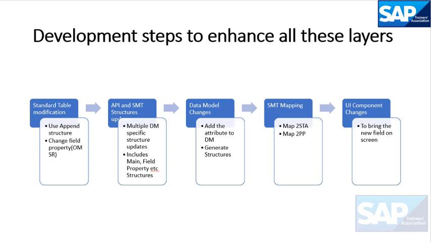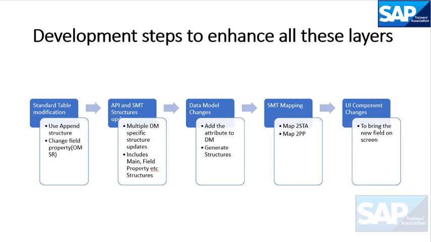When we do a table enhancement, we'll use an append structure and then set the field properties. Then while doing the API and SMT structure update, there are multiple structures that we'll need to enhance, and those will be listed in this video.